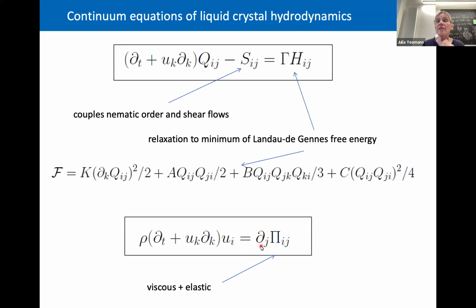And then I have here just the derivative of the stress tensor, which is included in the Stokes equation. And that stress tensor has the normal viscous stress that you'd have in a simple liquid. And then it also has a thing called the elastic stress or the backflow stress. And what that is, is that if I've got these molecules and I'm moving them like that, they're going to set up a flow in the fluid.